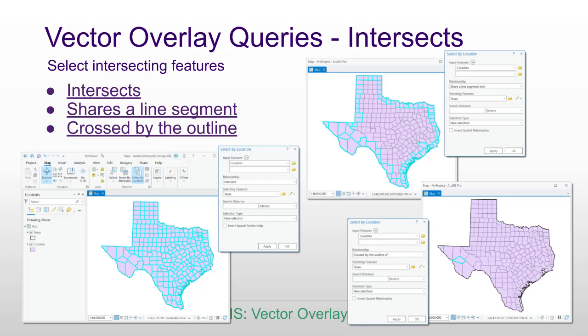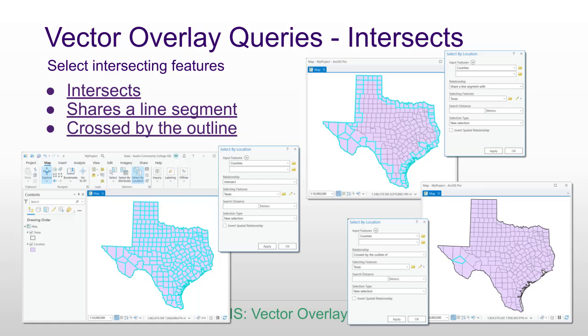In this case, I've selected the input features as counties, the relationship as intersect, and the selecting features as Texas. So counties that intersect Texas are selected. And if you look in the results, you can see that all 254 counties in Texas intersect either the border or the inside of the state of Texas and are selected.